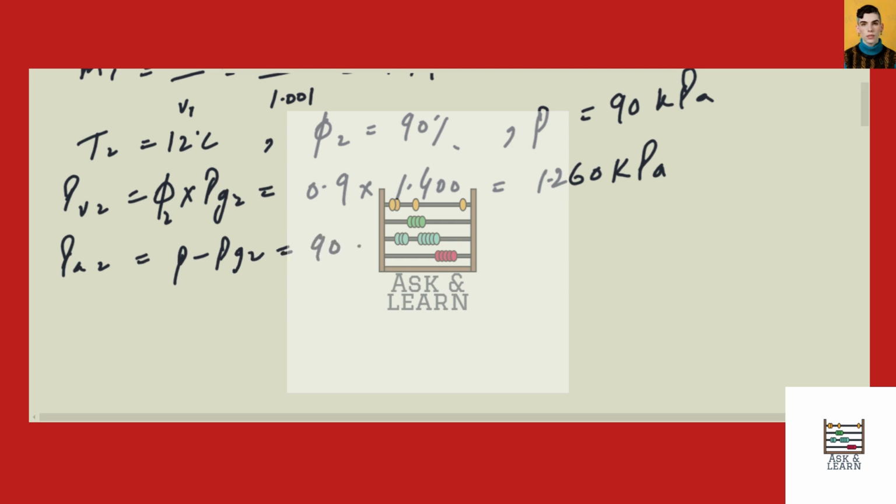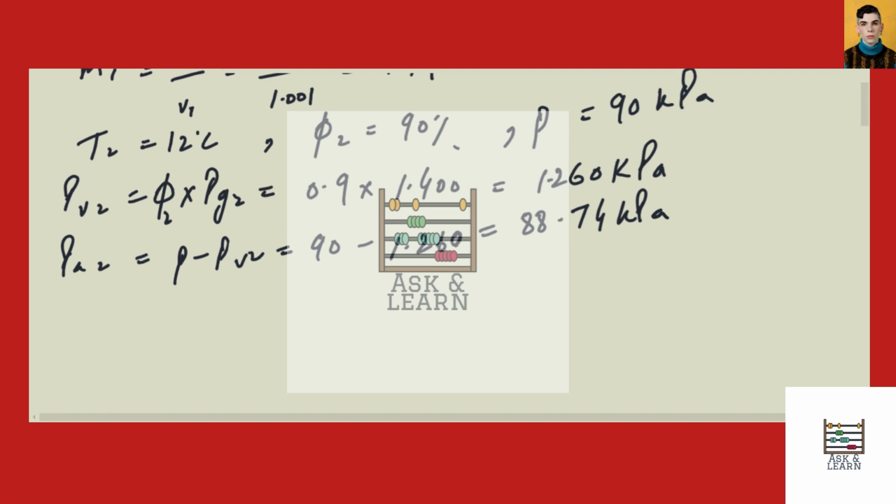And then we have PA2, that is equal to P minus PV2. So it's 90 minus 1.260, that is equal to 88.74 kilopascal. Now we calculate the absolute humidity, that is W2, and from that the enthalpy H2.